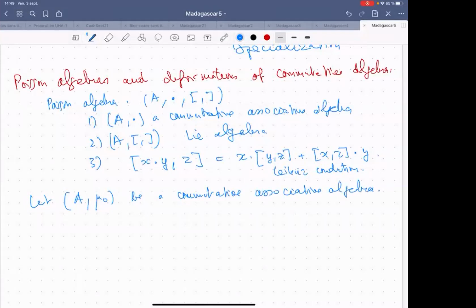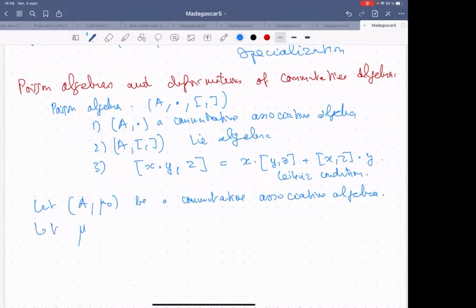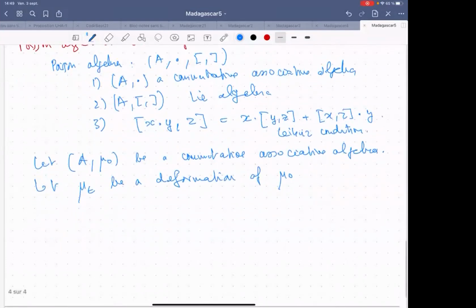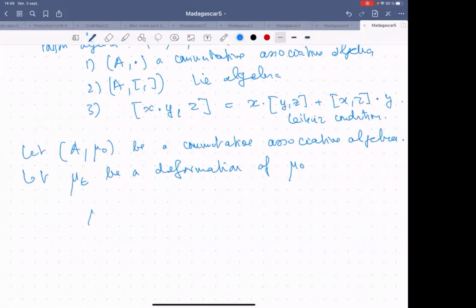And now let us consider mu t to be a deformation of mu0.